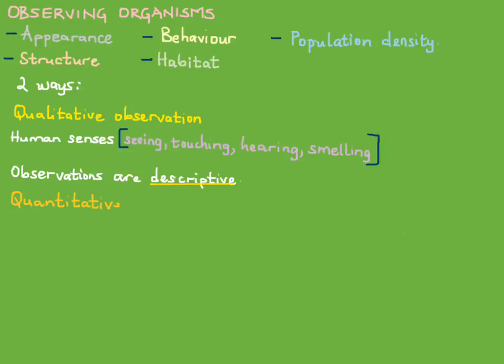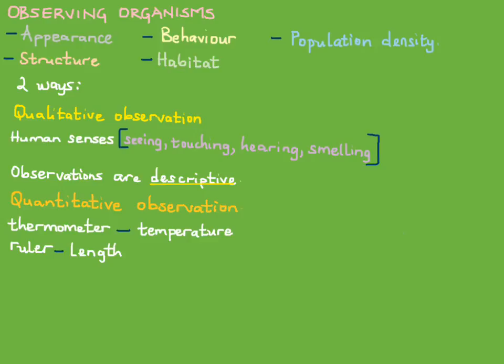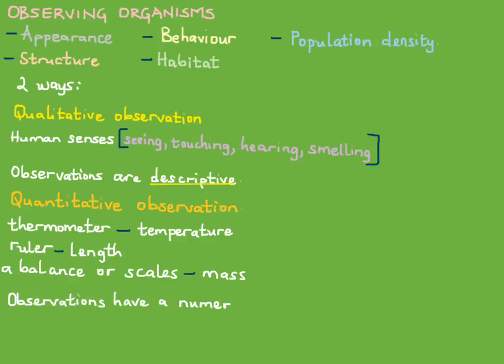Quantitative observation uses both senses and instruments, such as a thermometer for measuring temperature, a ruler for measuring length, and a balance or scales for measuring mass. Qualitative observations are given a numerical value.